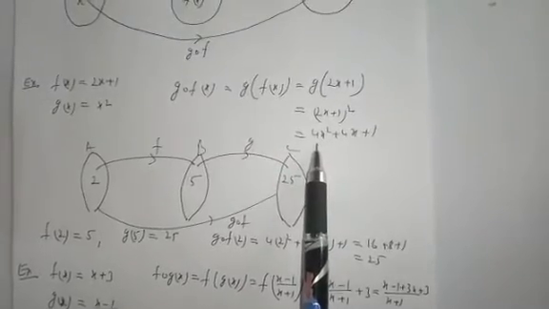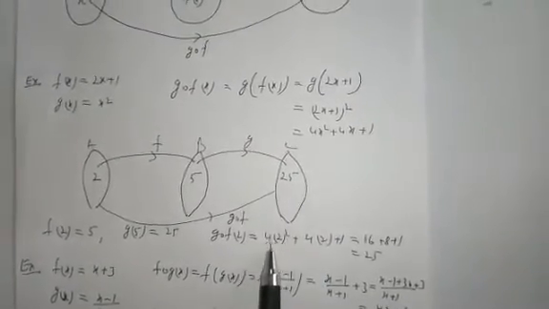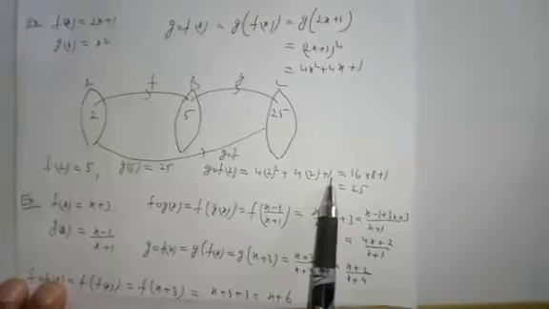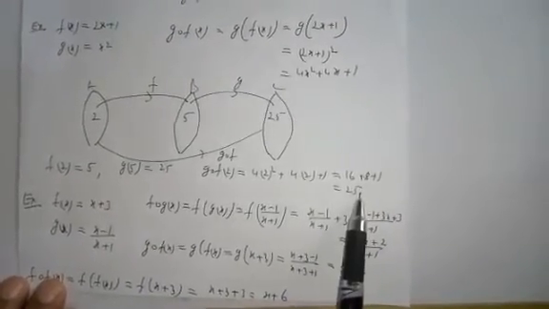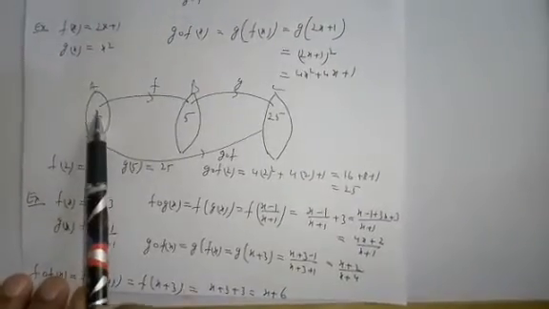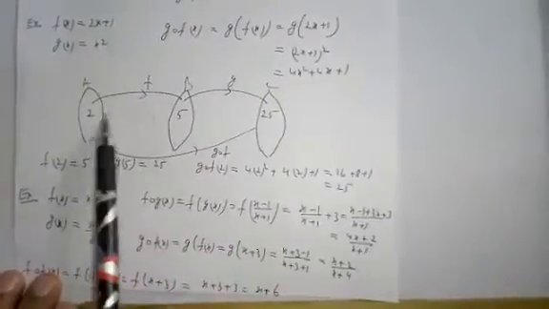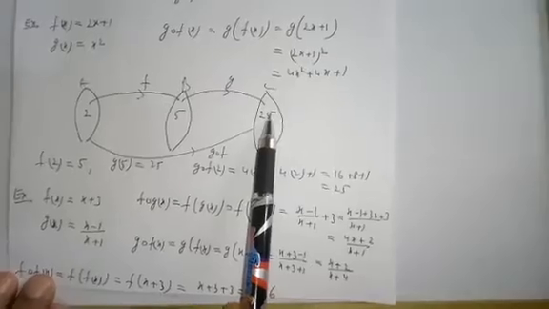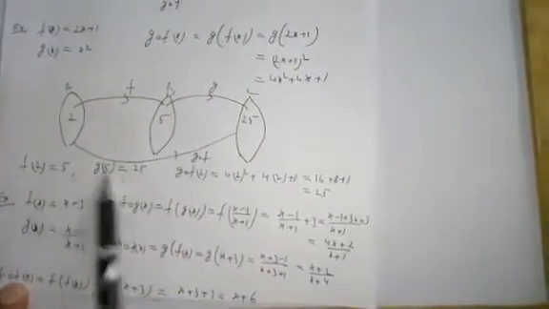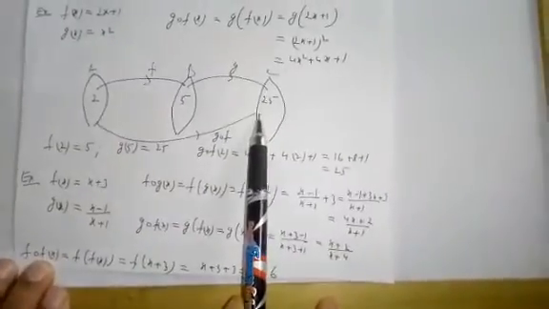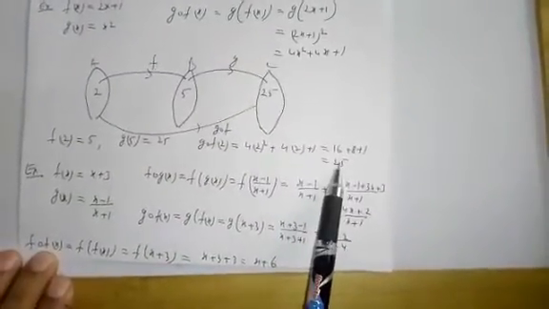After putting 2, we calculate 16 plus 8 plus 1, which is 25. So directly you got 25, or in two steps, from A to B then B to C, finally you got 25. You may go either way, and the answer will be the same.